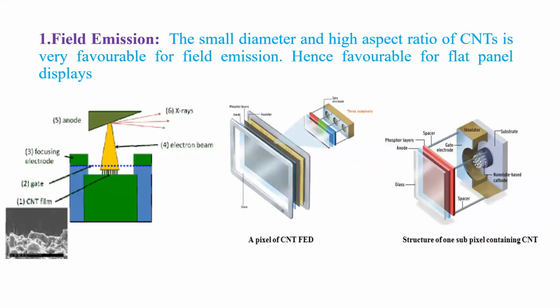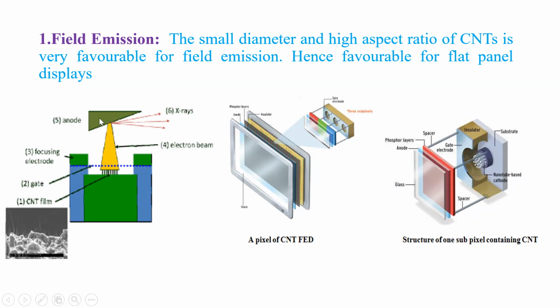So firstly, field emission, and as carbon nanotubes have small diameter and a very high aspect ratio, this is very favorable for field emission. So hence it is favorable in flat panel displays. Here you can see the diagram of flat panel display.